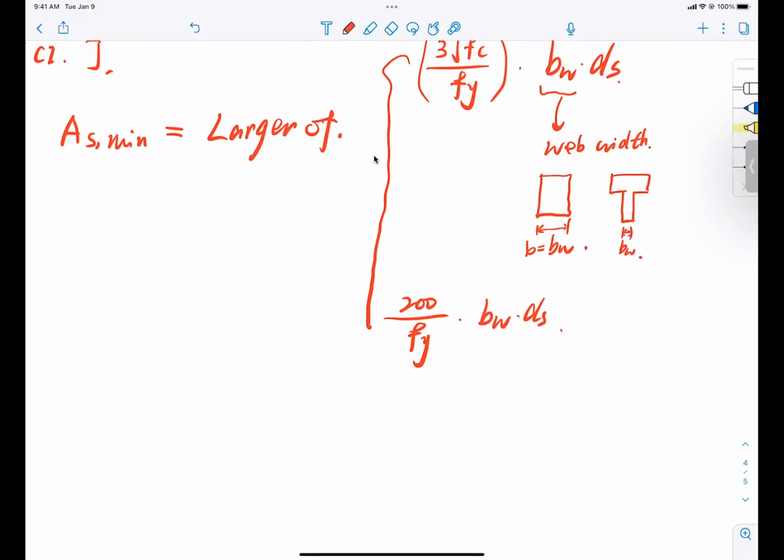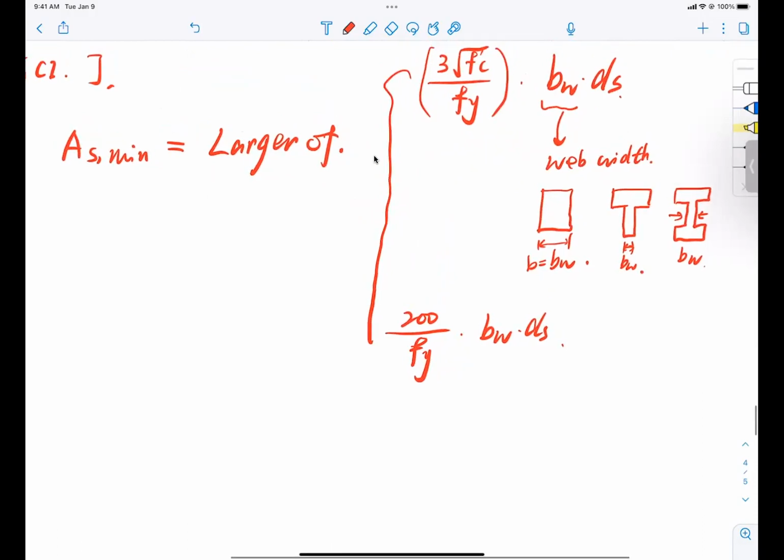If I have an I-beam, it is also the width in the middle section right here. So bw is the minimum width of the section you're designing for. Now ds, you know it, it's basically the depth of the bars. So not dt, but ds.